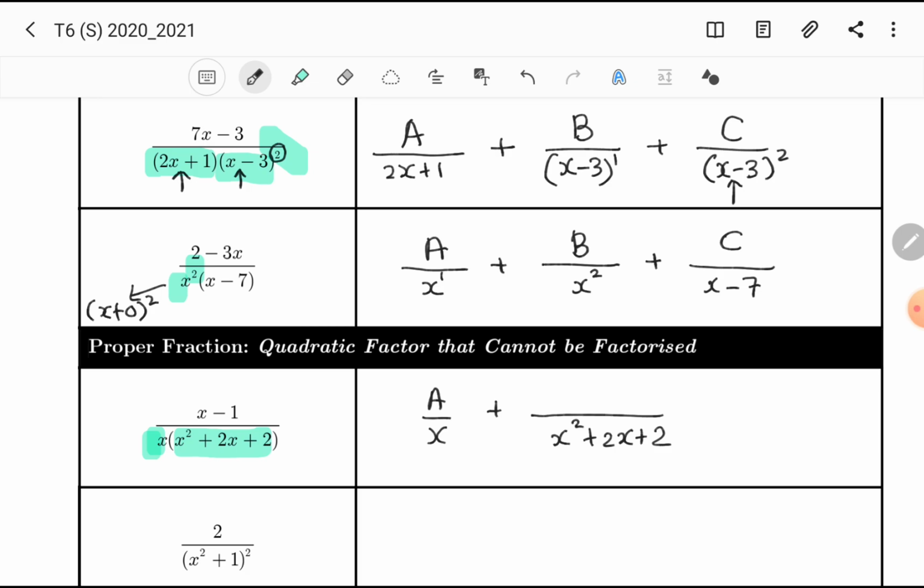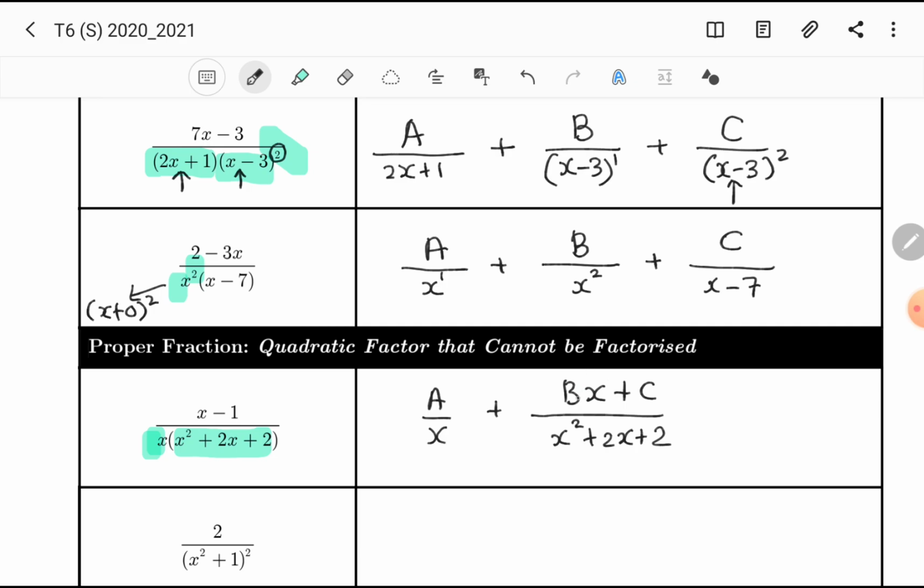So, kalau kuadratik, atas dia mestilah linear BX plus C. Akan ada orang tanya, Madam, kalau kuadratik factor, atas constant, dia still proper fraction, isn't it? Betul. Yes, betul. Tapi, in general, kita letak atas tu linear.